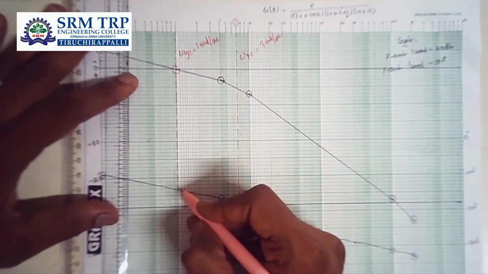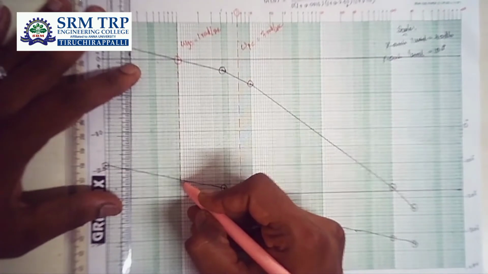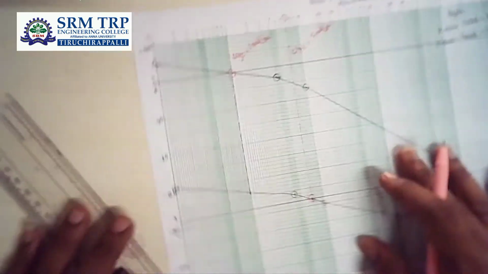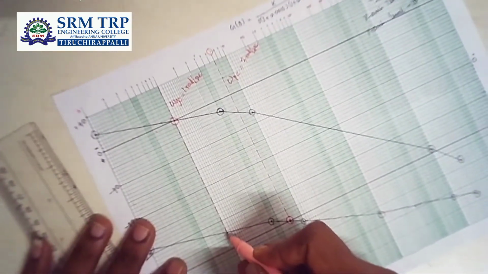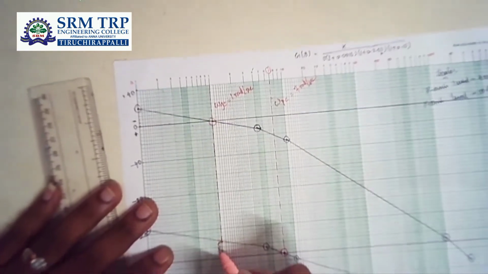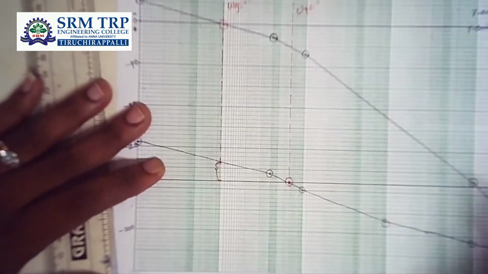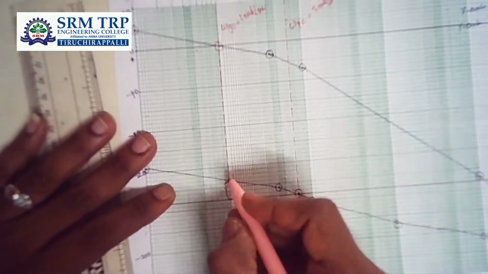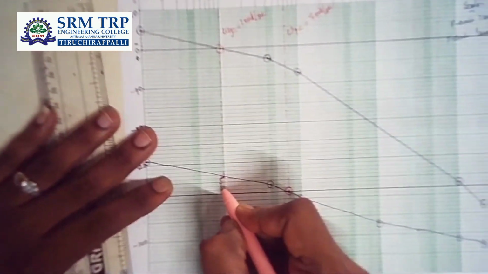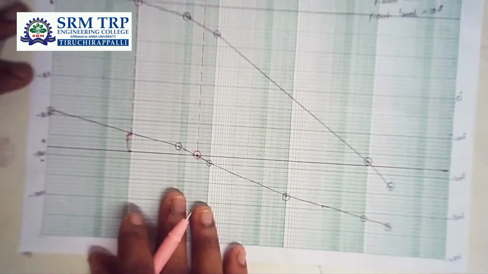That particular line cuts the phase plot at this particular point. So I want to measure the range between that point and the minus 180 degree line. Minus 180 degree line is the reference line for the phase plot. The range that exists between these 2 points will give you the phase margin.